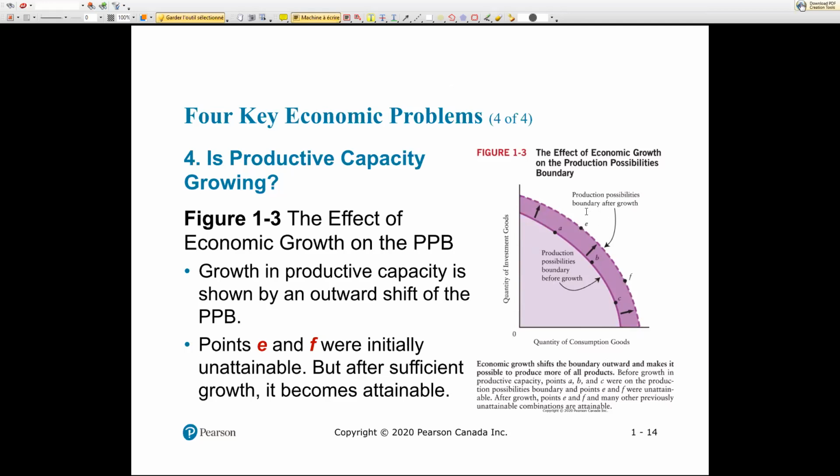By the way, production possibility boundary is the term that you're going to see, but sometimes we also see production frontier. That's also something that you may read in some places. That's the same concept. And here what we say is points E and F were unattainable before, but now that I have more production possibility, they become attainable.